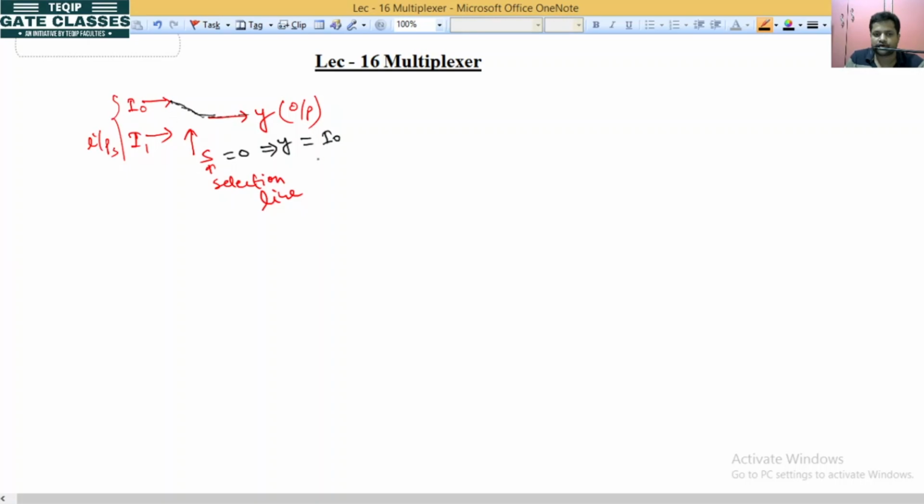And if s equals 1, then Y will be I1. I1 means if it is 1, then in that case this is going to be transferred here, not this one, okay?